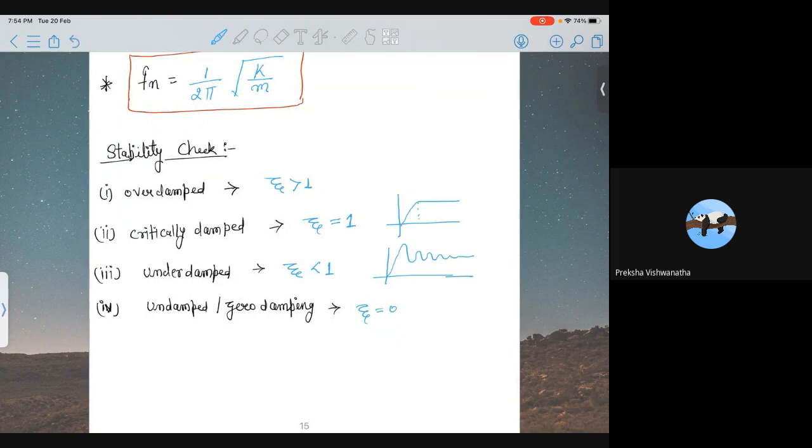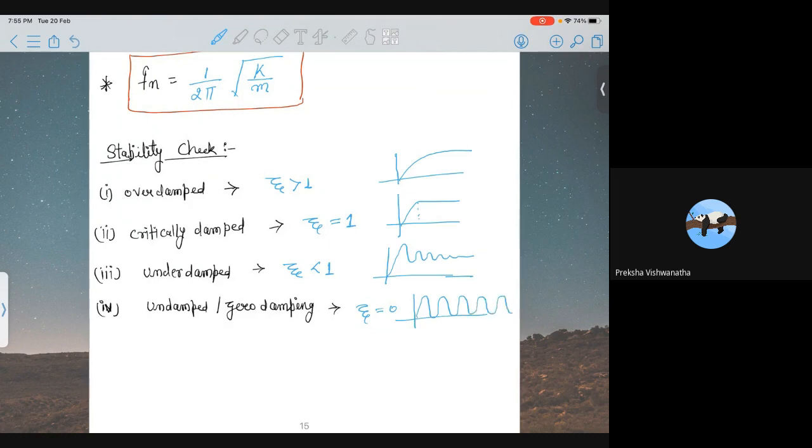Now for the overdamped system, the response is very smooth. This is the overdamped system, and for the undamped system, the response is something like that.